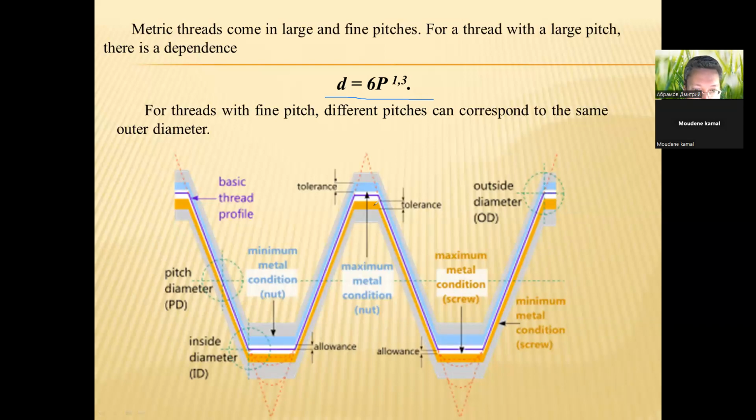So the angle is 60 degrees for metric threads. And we have tolerance fields for the nut and for the bolt.